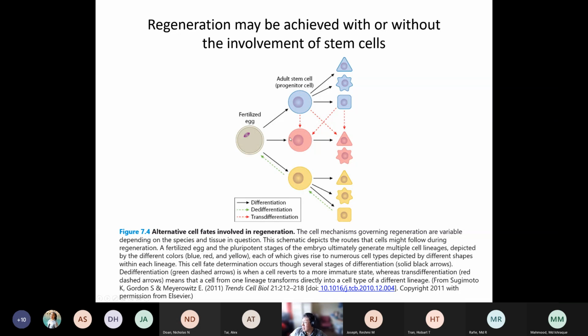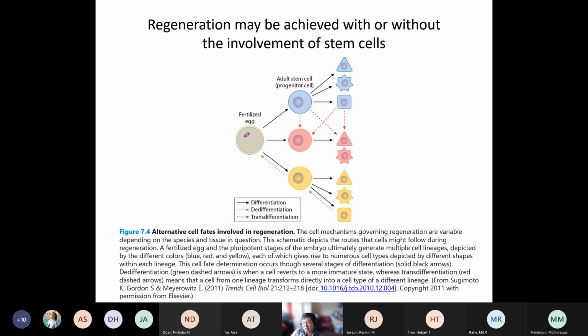pay attention to the middle part, the pink part. So fertilized egg can give rise to some adult stem cells. And in this case, also the stem cells will give rise to some more specified somatic cells. But sometimes when these pink cells are damaged, maybe you don't have a sufficient amount of adult stem cells to replace them.